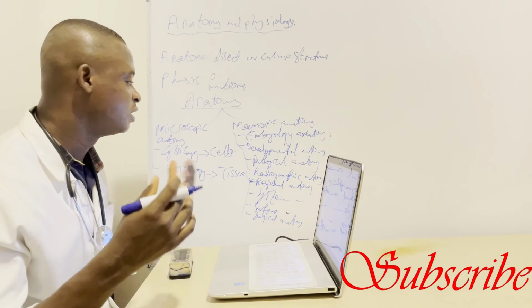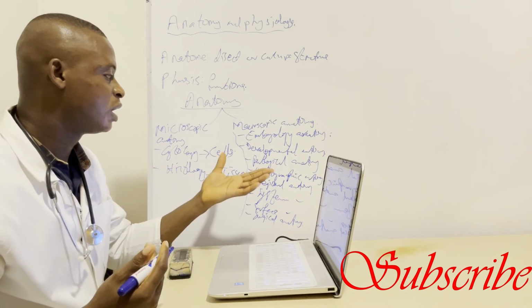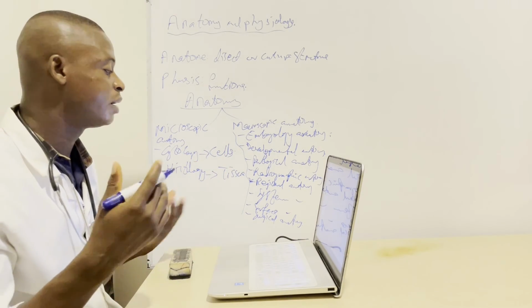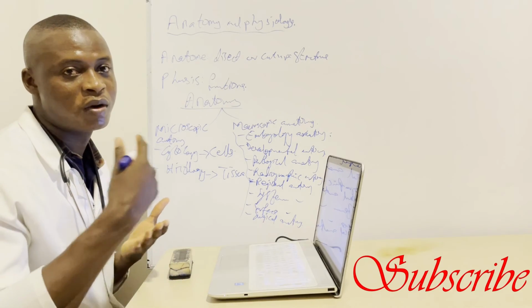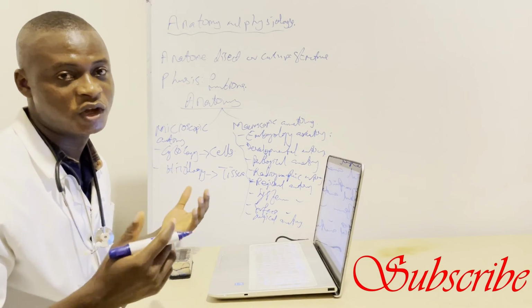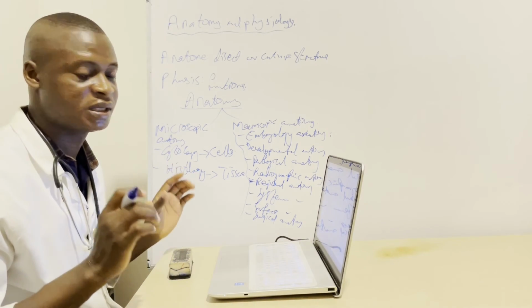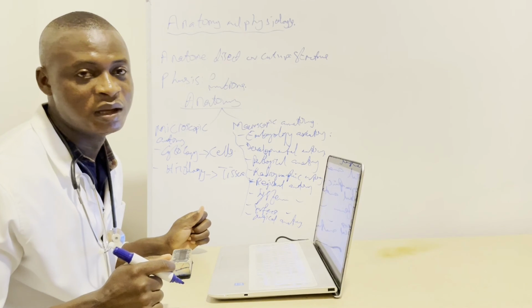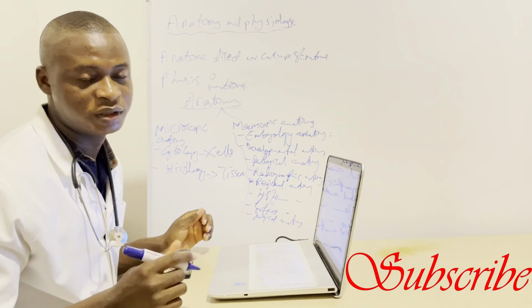Pathological, the study of diseases that are affecting the organs. Radiographic, all the scans that we can take. Regional anatomy, studying the organs region by region. Systemic, looking at the organ systems and their relations with others. Surface anatomy being the surface of the human body and how it's related to the deeper structures, okay? And then surgical anatomy being the surgical landmarks in the body that we can always dissect into.